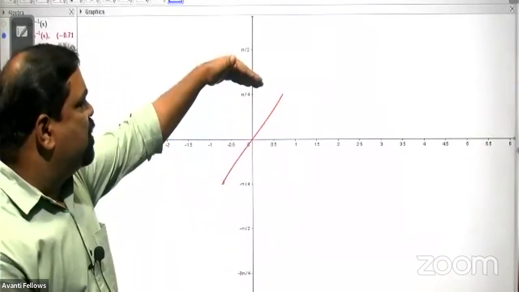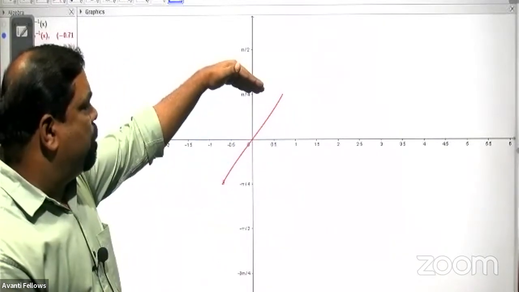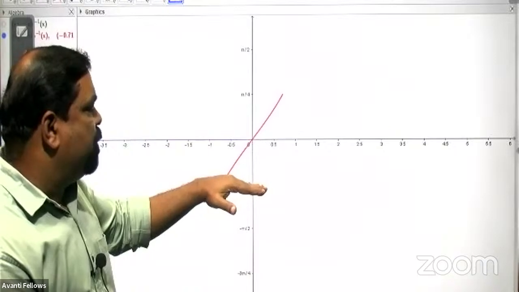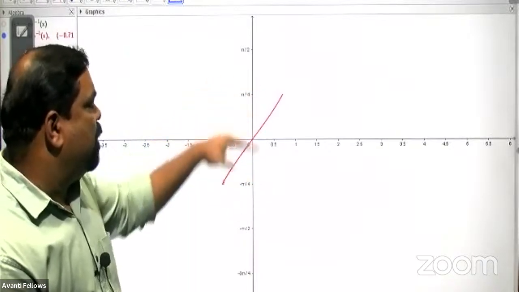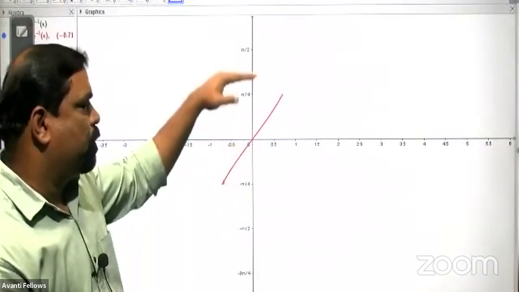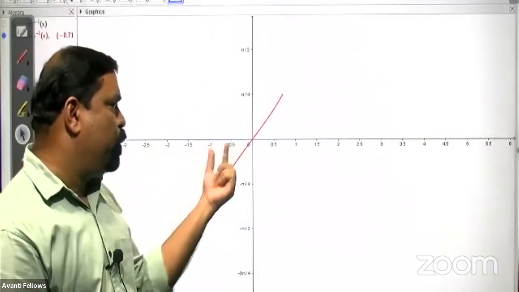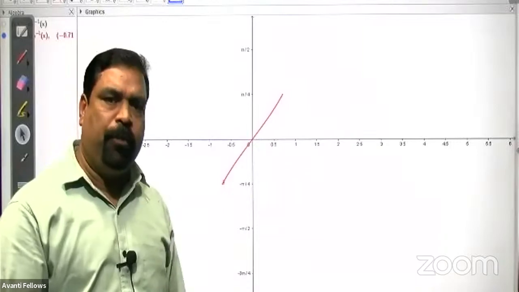You can see the graph is up to pi by 4 in the range, and the lower value is minus pi by 4. So very clearly the range is minus pi by 4 to plus pi by 4, and the domain is -1 by √2 to +1 by √2.